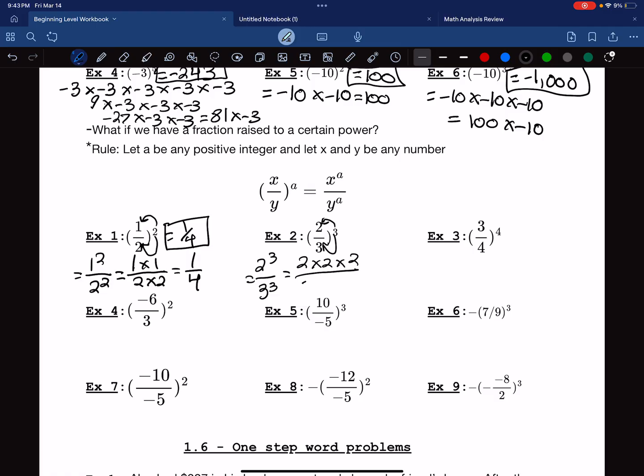And then 3 cubed is 3 times 3 times 3. So 2 times 2 times 2 is going to be 8. And 3 times 3 times 3 is going to be 27. And that is going to be our final answer.